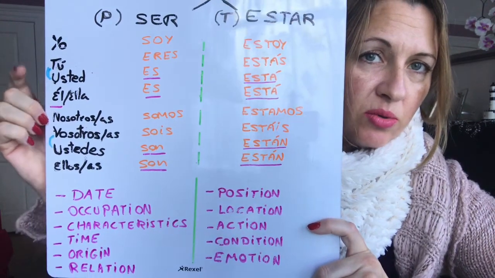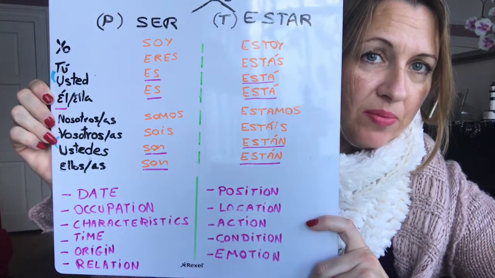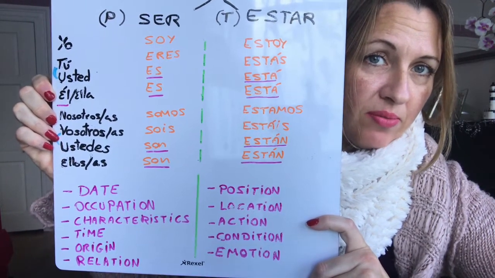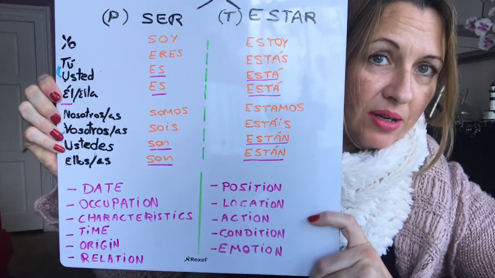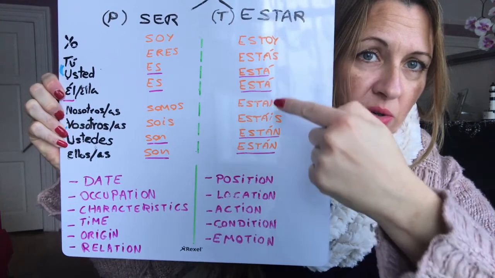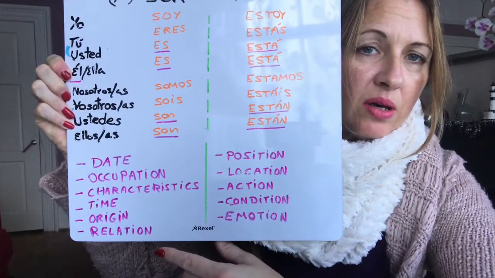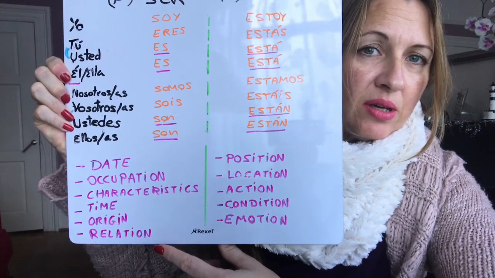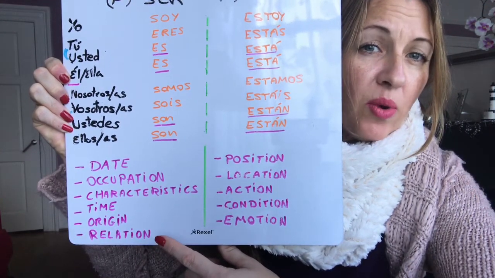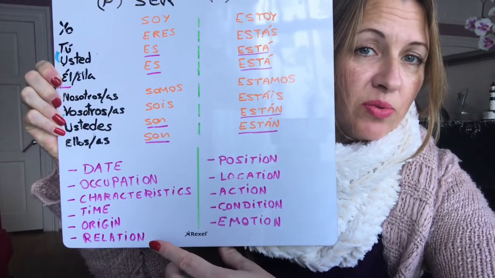And next to each personal pronoun, there is the conjugation for each of them, with the verb ser in this column and the verb estar in this other column. And here, what I have written is about when any of these verbs would be used.